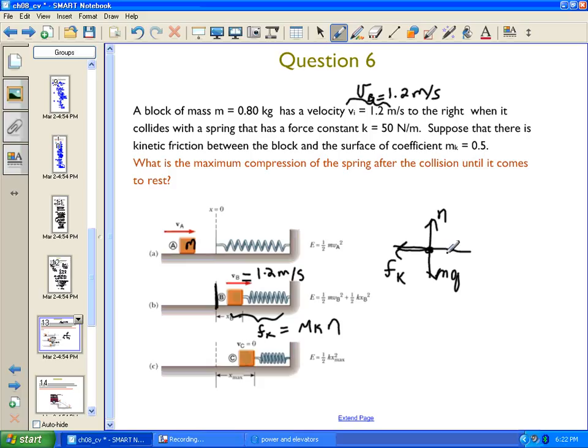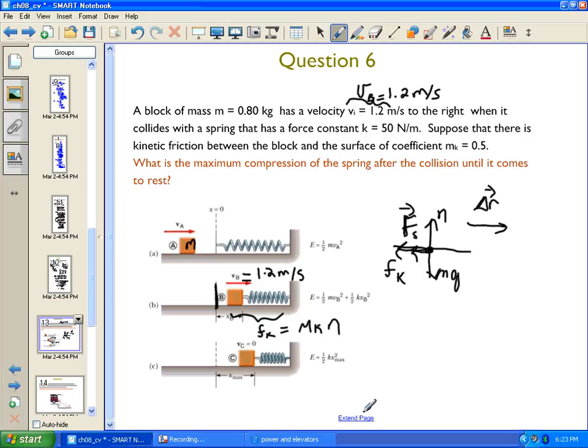As the spring gets compressed, the spring force tries to oppose that, and so is applied in this direction as well. So F sub S, the spring force, is in this given direction. But the motion of the block is to the right.